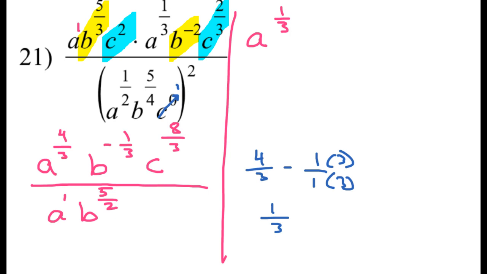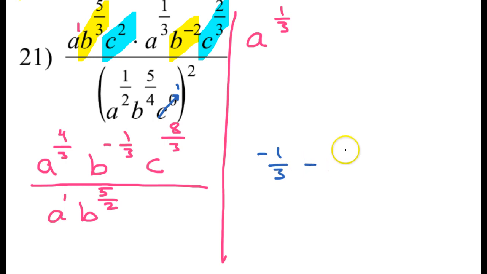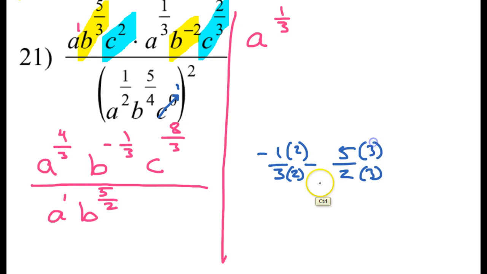Okay, now how about the b's? So for the b's, I have negative 1/3 minus 5 over 2. I need like denominators, so I'm going to do this by 2. I'm going to do this by 3. So that's going to give me negative 2 over 6 minus 15 over 6.